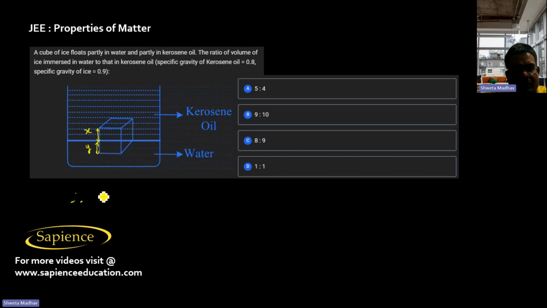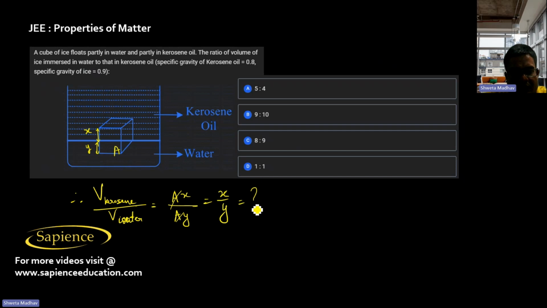So therefore the volume immersed in kerosene divided by volume immersed in water will be equal to the area of the base, let's say A, into x divided by the area into height immersed in water, which is y. So this is same as x by y.